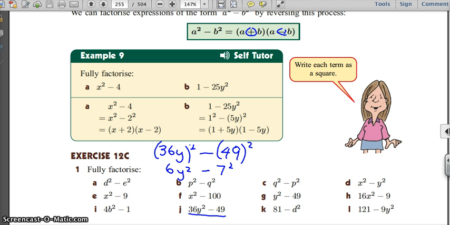What's our B there, Taylor? What's our B in that question there? Looking at that format, what's our B? Yeah, what is our B in this one? 7 it is. Our A is 6y.